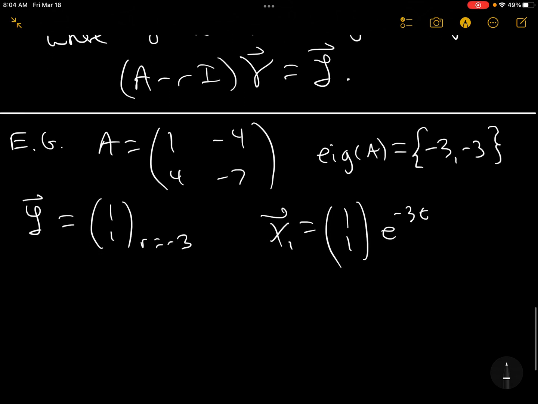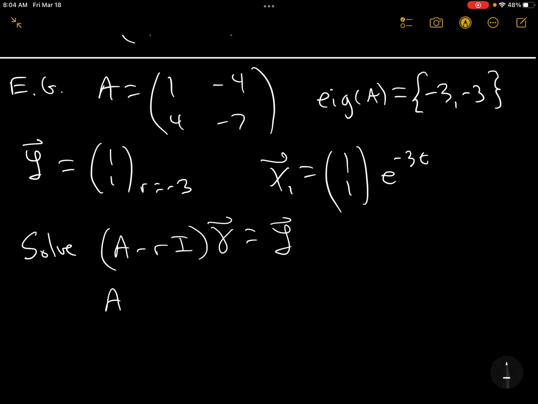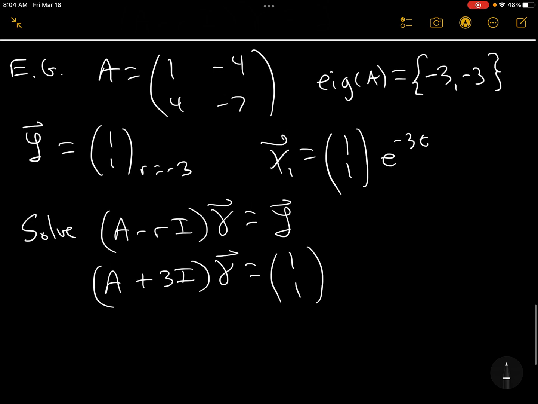So now to find the second solution, what do we solve? We solve A minus R I gamma equals zeta, which is A plus 3I gamma equals 1, 1. What is A plus 3I?